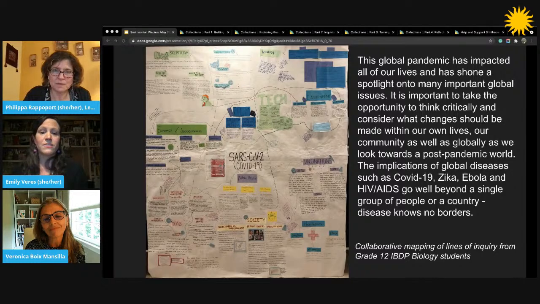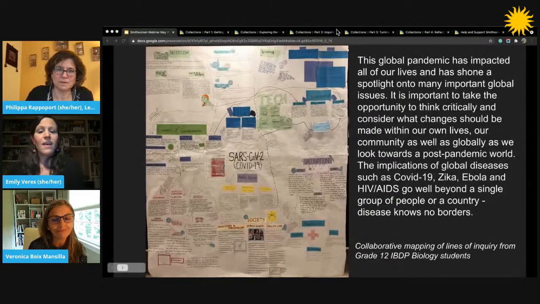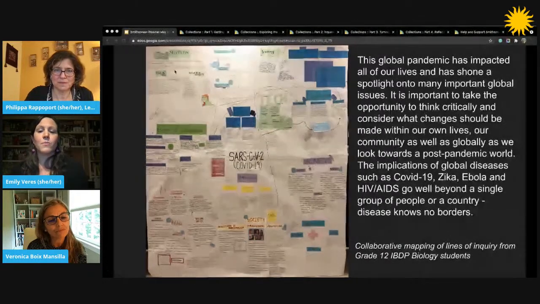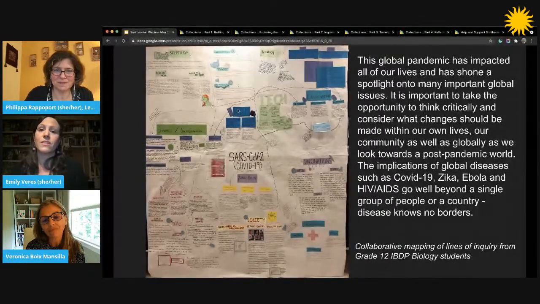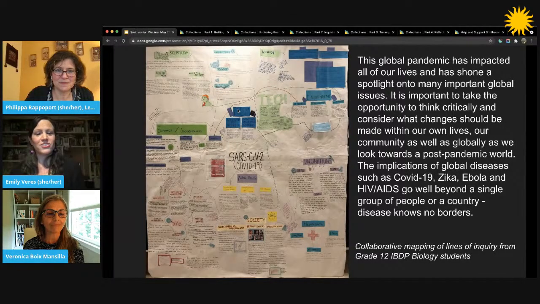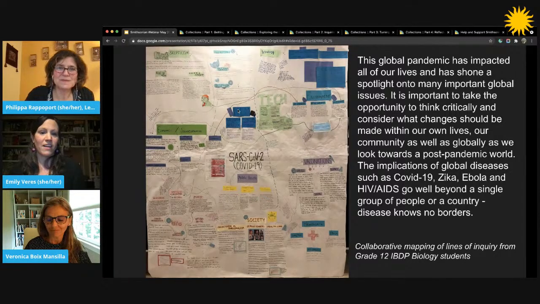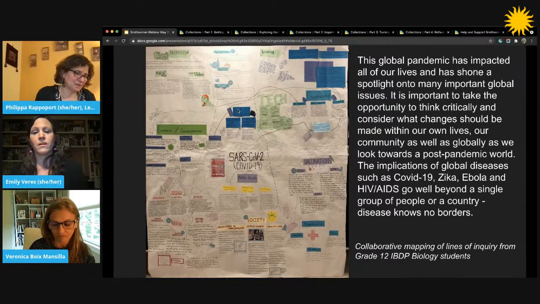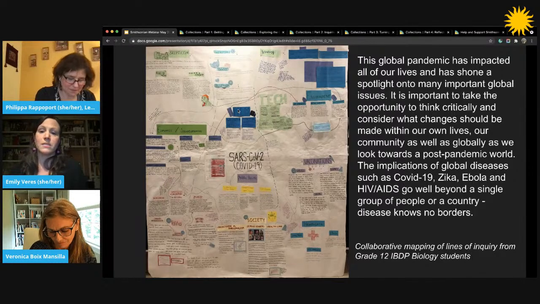And the image you see on the screen is the map that my students created and designed on their own on how they wanted to communicate what they learned during this exploration of COVID-19. It's quite large, so it's impossible to read all the fine writing on there, but we'll explore pieces of this map. Really, this pandemic has impacted all parts of the world in all corners and in many different ways.